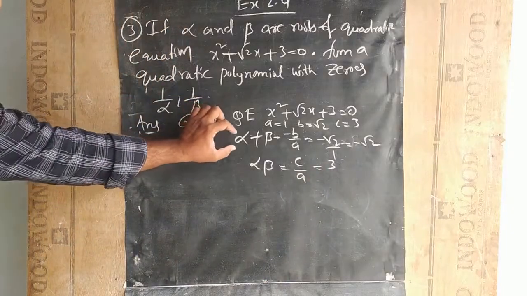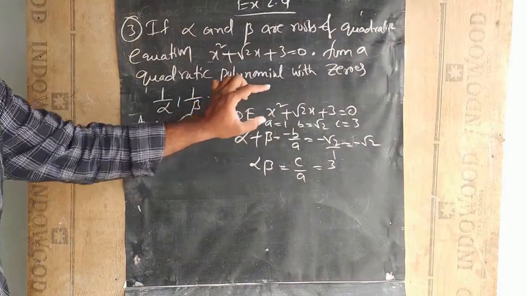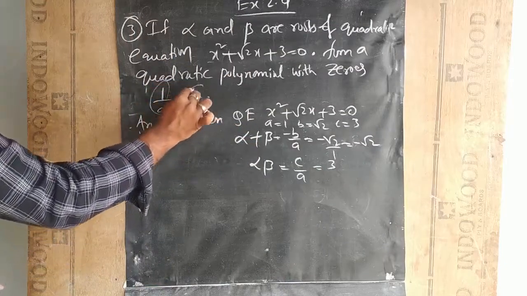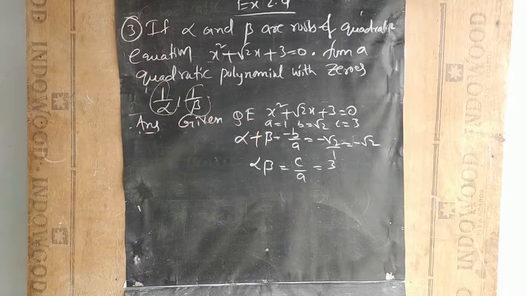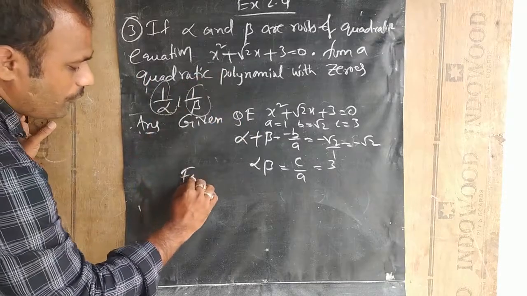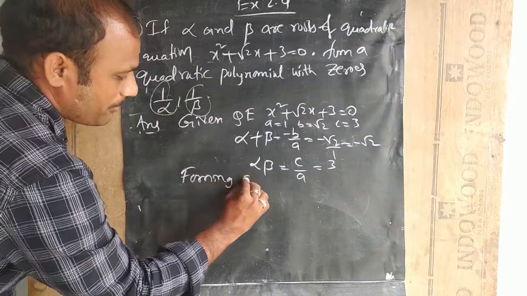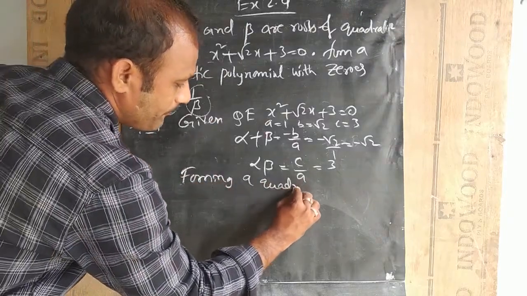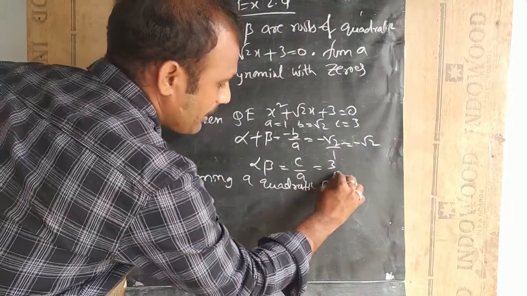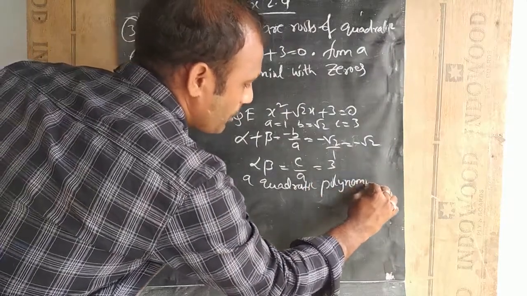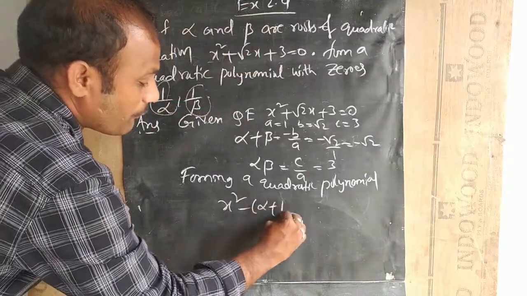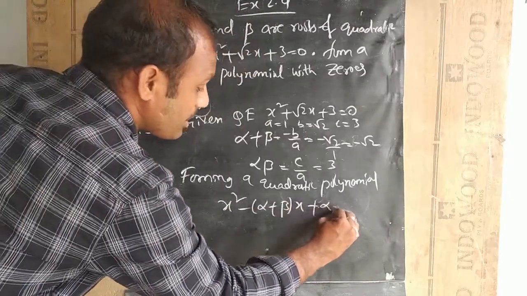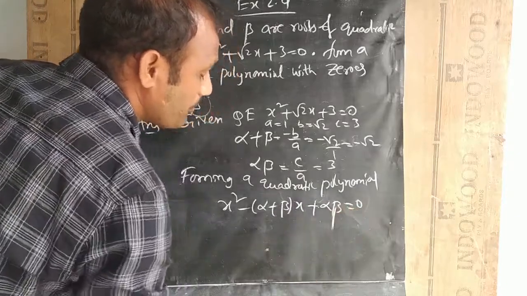Why we are doing alpha plus beta? Why we are doing alpha beta? Because we need a quadratic polynomial in this format. So for that reason we require this. Forming a quadratic polynomial can be represented as x square minus alpha plus beta into x plus alpha beta is equal to 0.